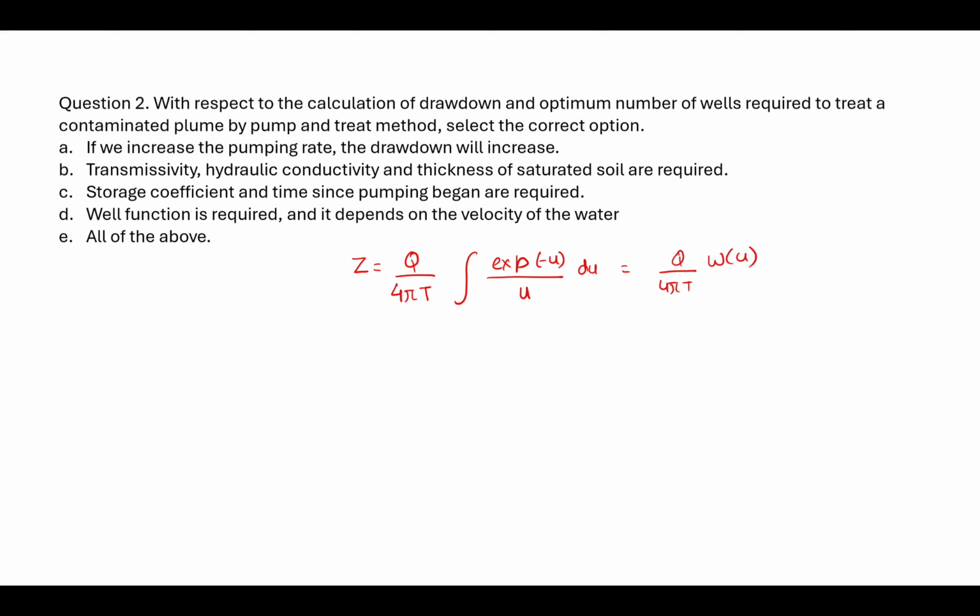So for pump and treat methods, we pump the water from the aquifer, so we need to calculate the drawdown, and we need to know the various characteristics of the aquifer.